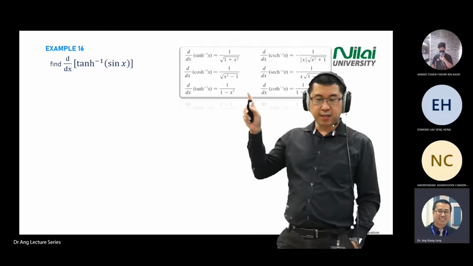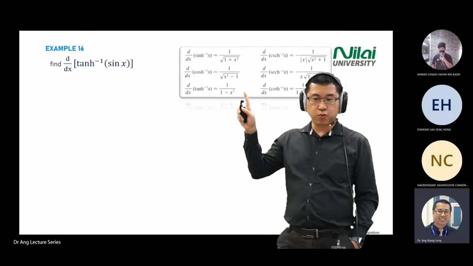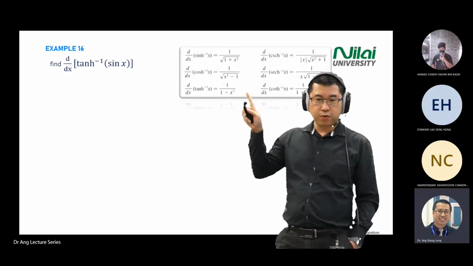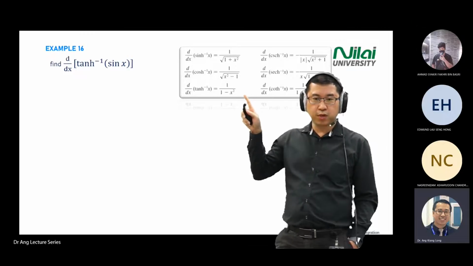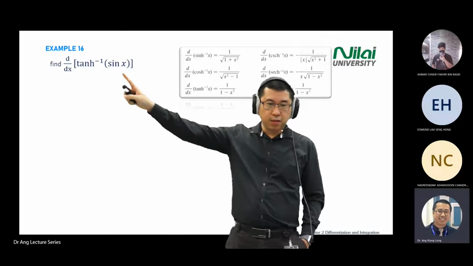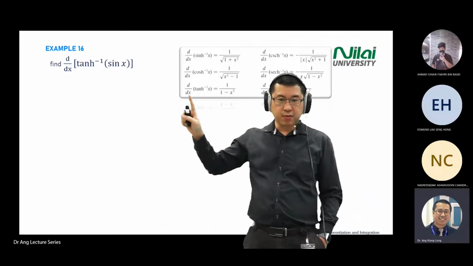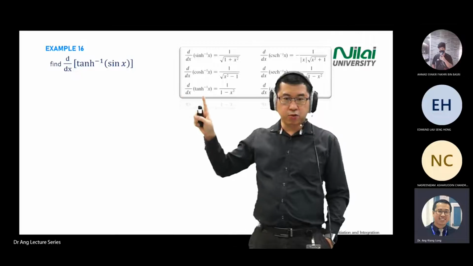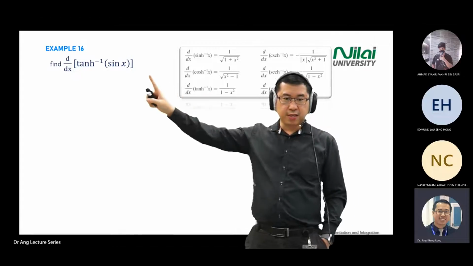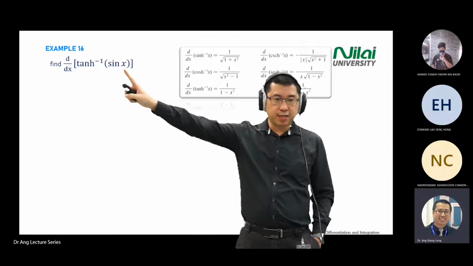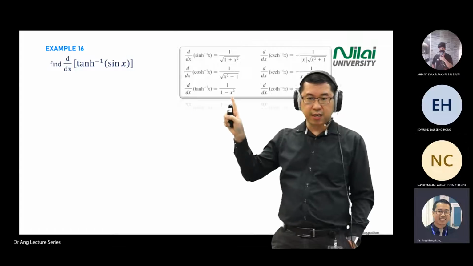The table is like a ruler. It just guides you through. It does not give you the answer, but it gives you the next steps. So you refer to this one and this one, compare side by side. You know that x is sin x. So you replace sin x inside here.